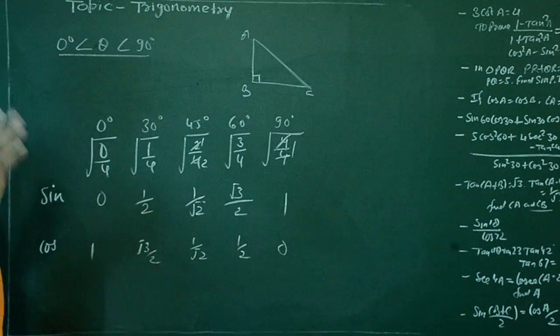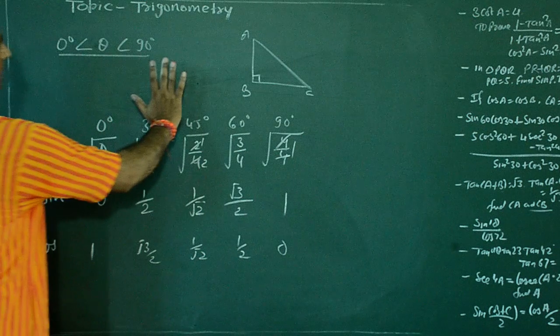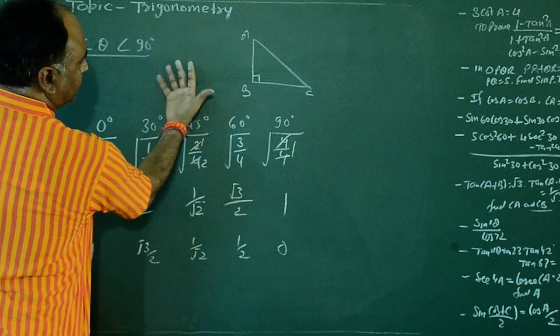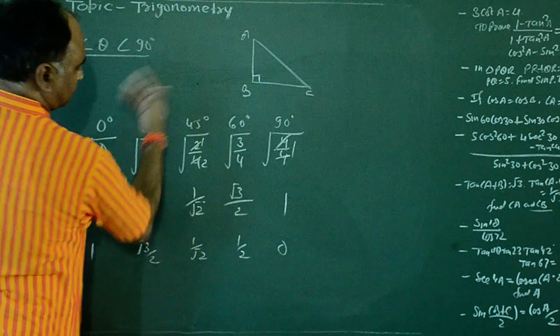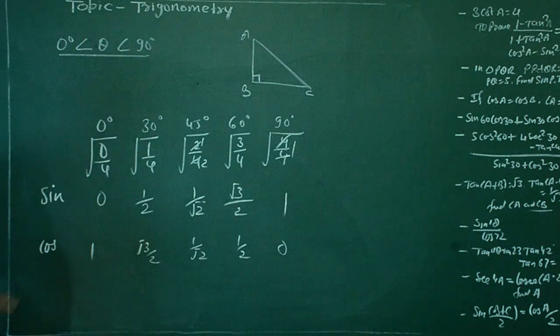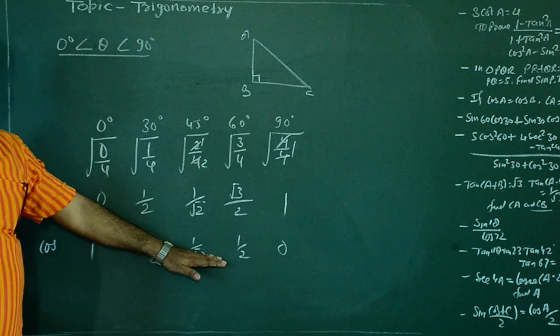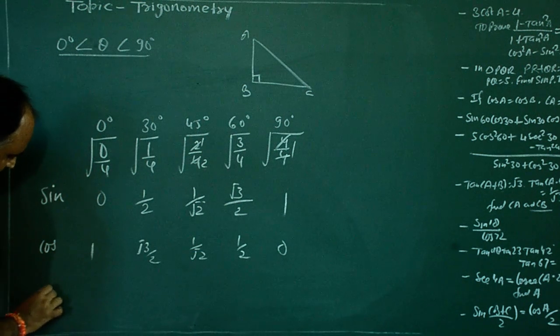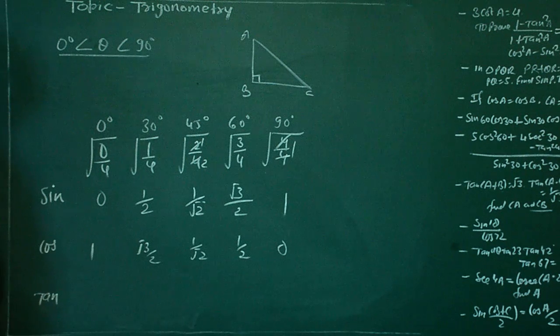For example, if you have this, and if you have to reverse it, yes, this is the reverse. Same we have reversed here and we have got the values for cos.